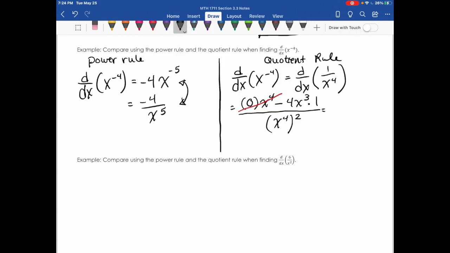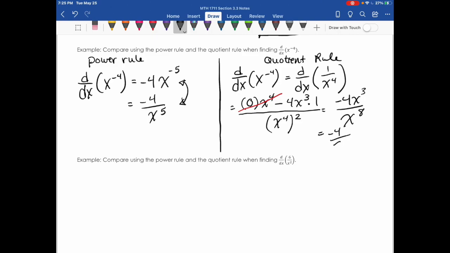Now when I clean this up, 0 times x to the 4th disappears. I'm left with negative 4x to the 3rd over x to the 8th, because when I raise a power to a power, x to the 4th squared, I multiply the exponents. So that gives me x to the 8th downstairs.